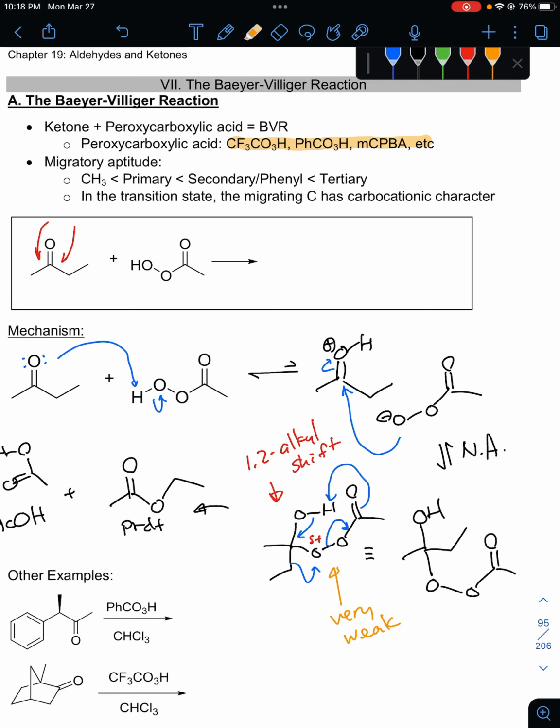Okay. Hopefully that makes sense. And then, let's see, ethyl right here is more electron-rich than methyl.